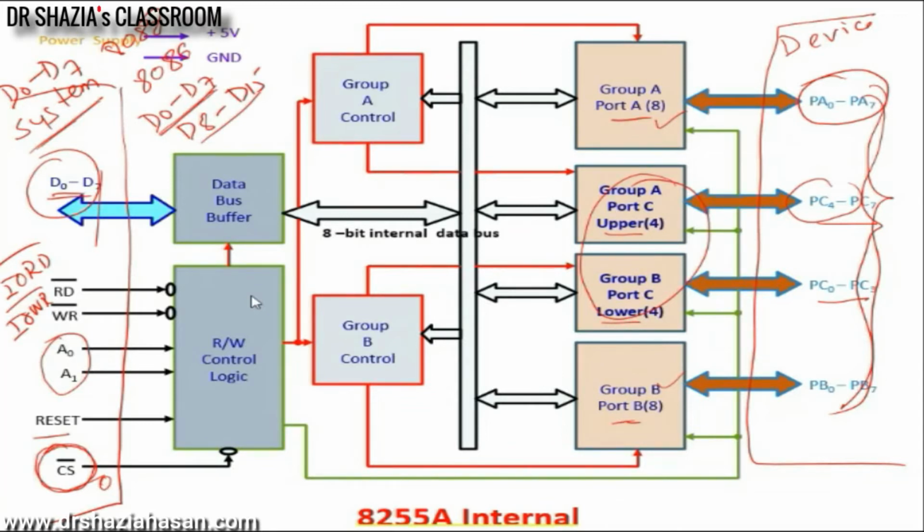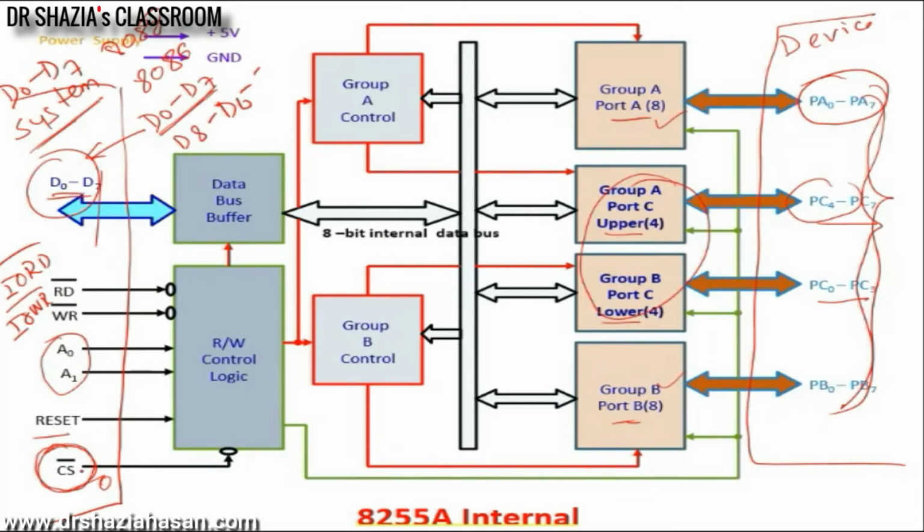So depending on that, you have an option of connecting D0 to D7 of the processor to D0 to D7 of the 8255, or D8 to D15 of your processor to D0 to D7 of your 8255. It can transfer only 8 bits of data. One port can transfer a maximum of 8 bits of data, not more than that.